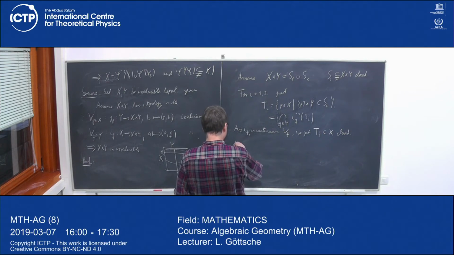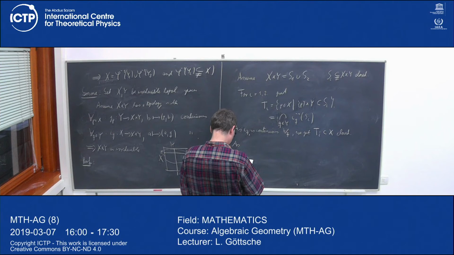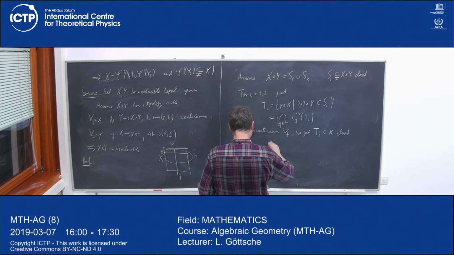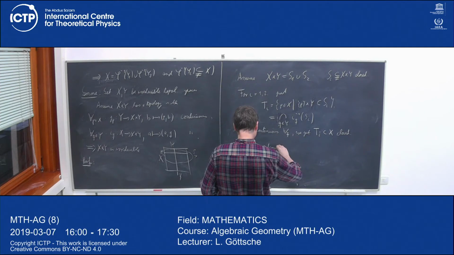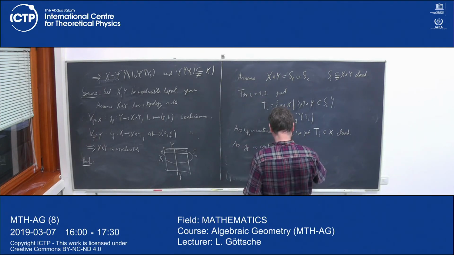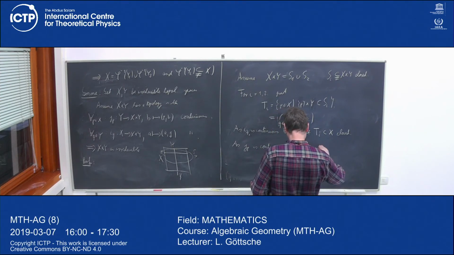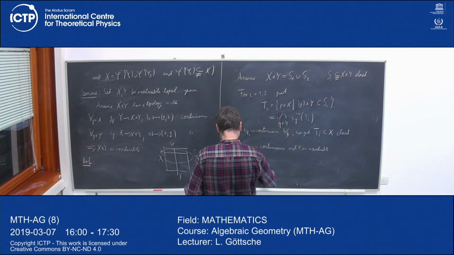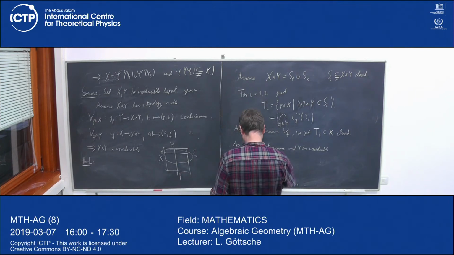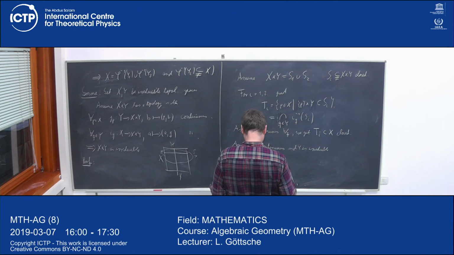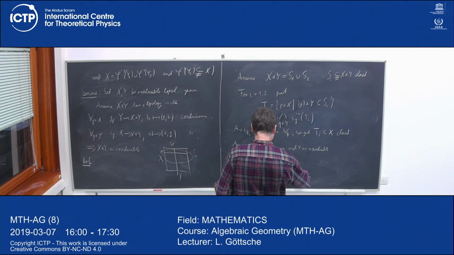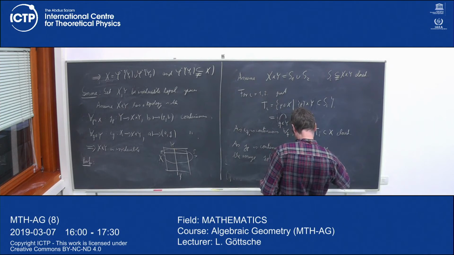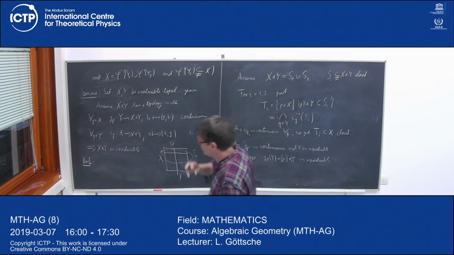As this map j_P is also continuous, the image, which is just P times Y, is irreducible. This is by the remark I just made.